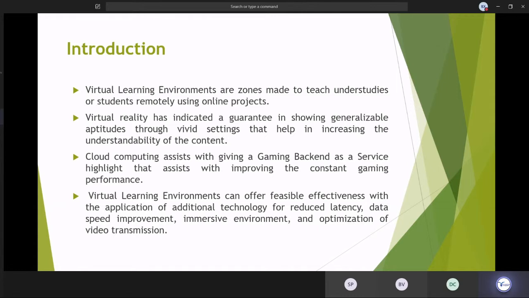Virtual learning environment can often offer feasible effectiveness with the application of additional technology that reduces latency and provides improved data. It also includes various immersive situations and the optimization of the video transmission provided with the virtual learning environment.